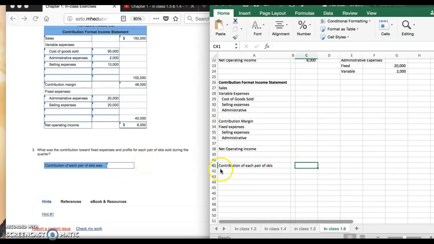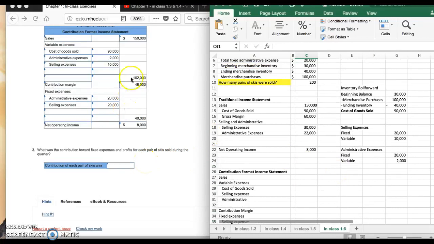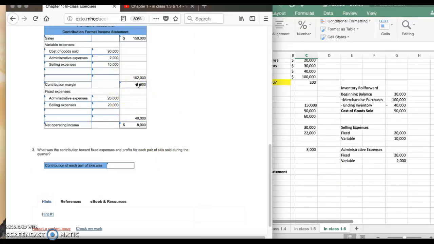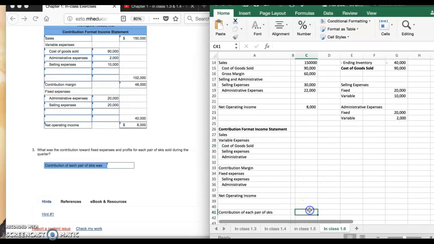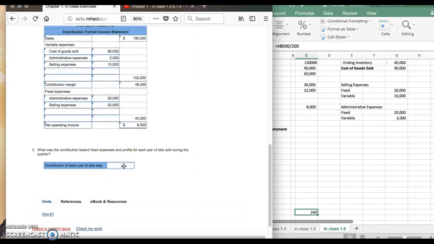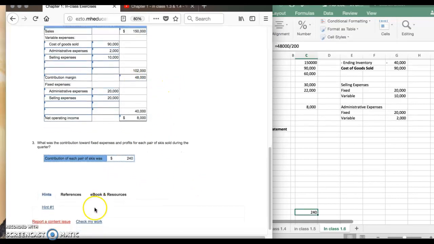So we know that we had 48,000 in contribution margin, right? So if we take our contribution margin of 48,000 and divide it by 200, which was our pairs of skis, we should get $240. So we know our contribution margin and we know how many skis we sold was 200.